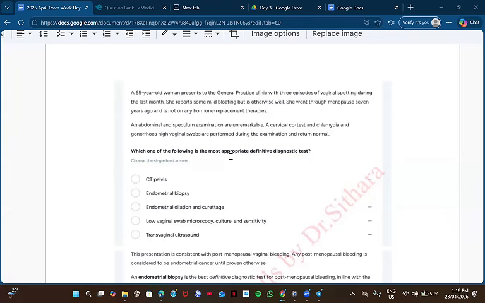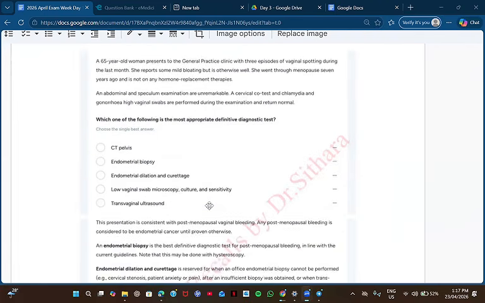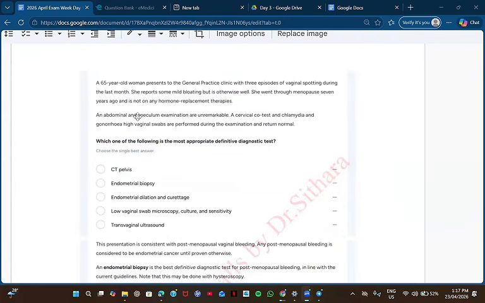Always biopsy comes first to rule out endometrial cancer. Yes, very important.